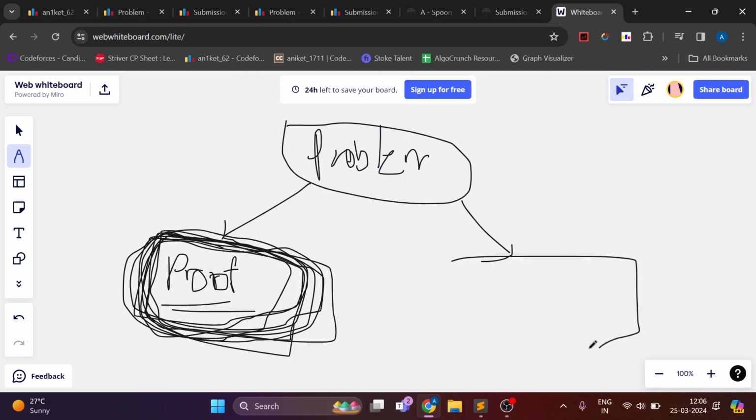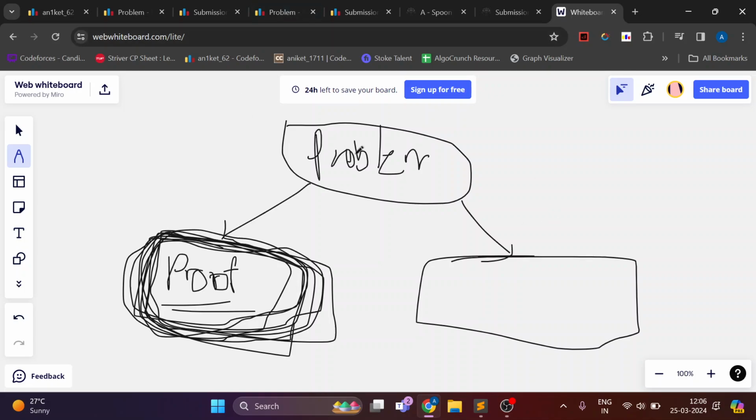Now the second way is you don't know any proof. You tried all your mathematical logic on that problem and you still cannot find any observations which are enough to find a solution or to prove a solution.